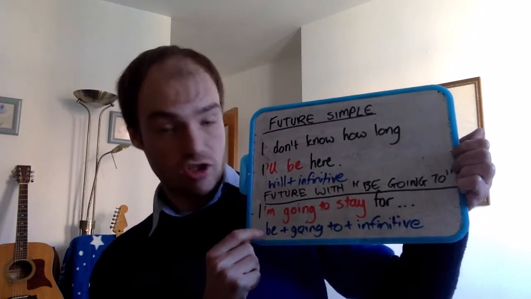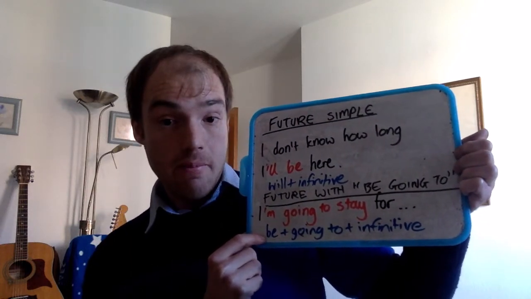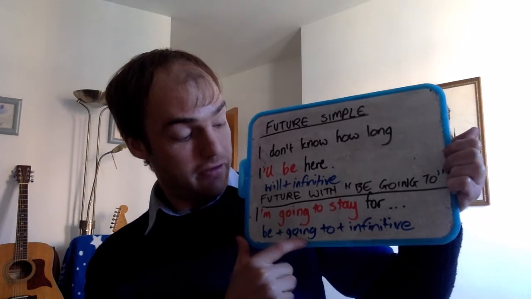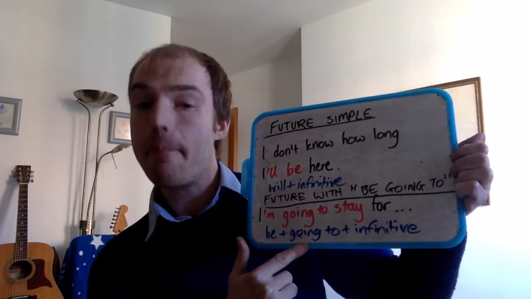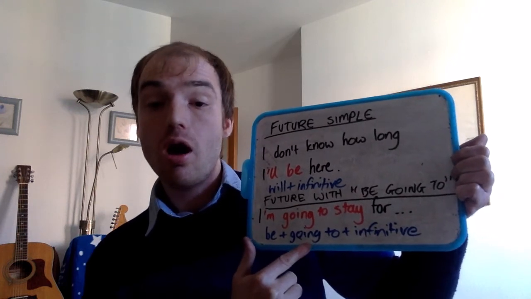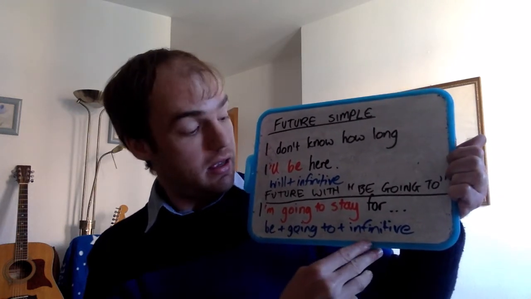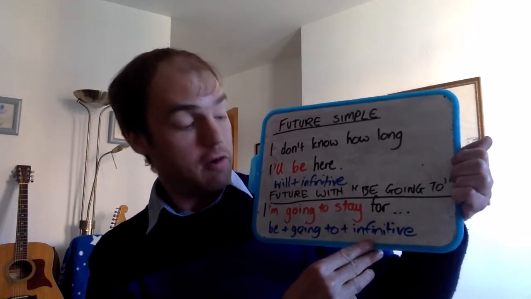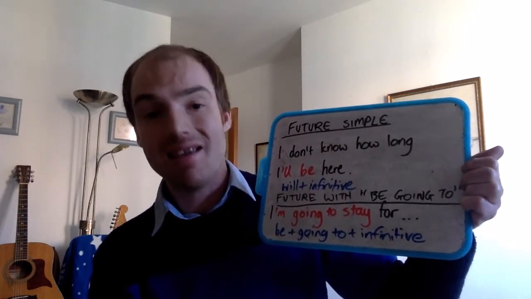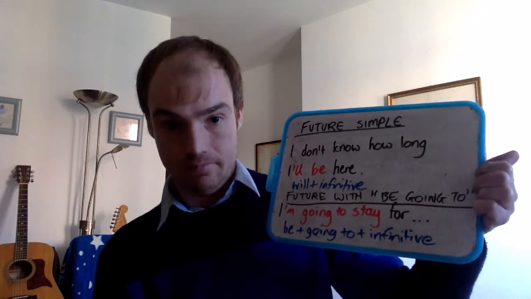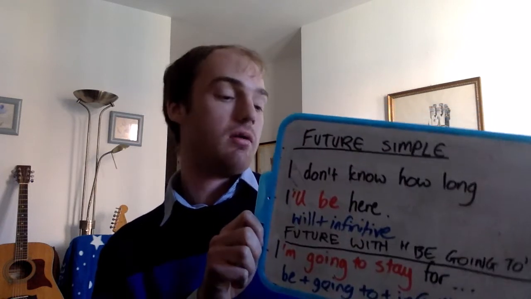Okay, so this changes. And then we have going to, but we say it, yeah, gonna. Gonna, and then the infinitive, which is stay, could be. I'm going to stay here. I'm going to be here. I'm going to live here. Okay? All right?